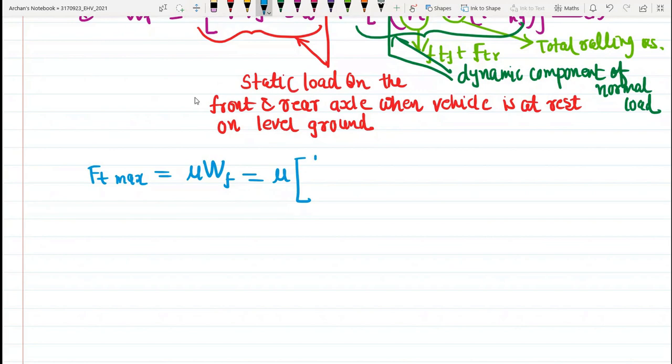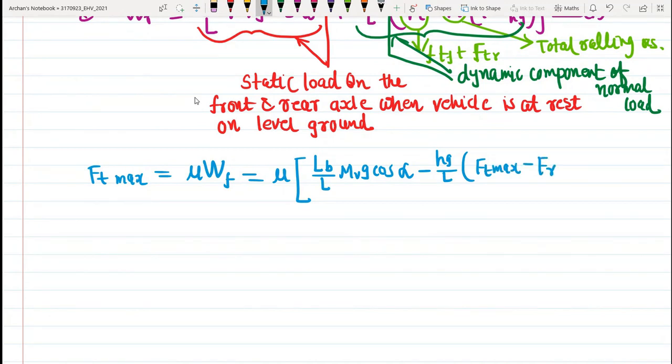We have already derived it: Lb by L mvg cos alpha minus hg by L (Ft max minus Fr) into (1 minus Rd upon hg). So this is our new equation.